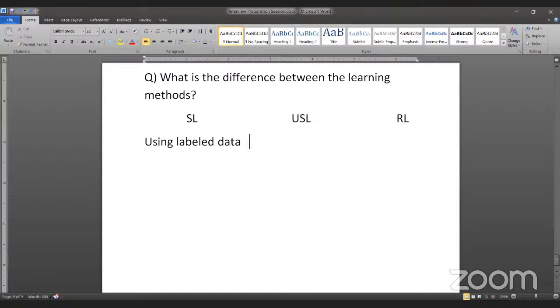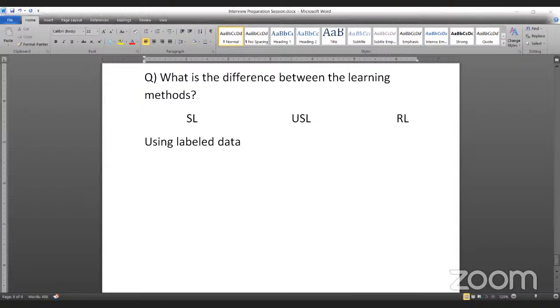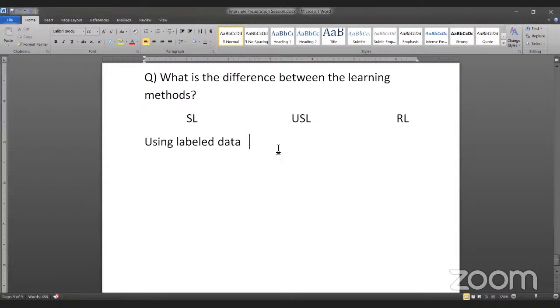Okay, second one, unsupervised, it learns without using any labeled data.